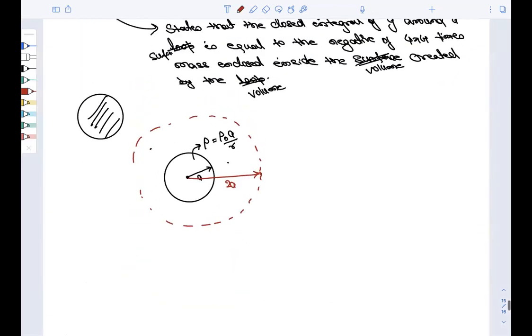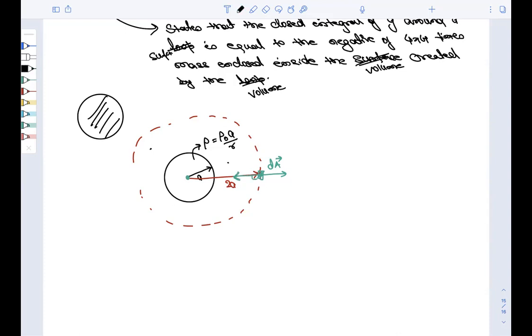Now let us solve it. So if I take an elemental area dA, this will be the direction, and you know that the gravitational field will have this direction. It is attractive, so the angle is 180 degrees, right?